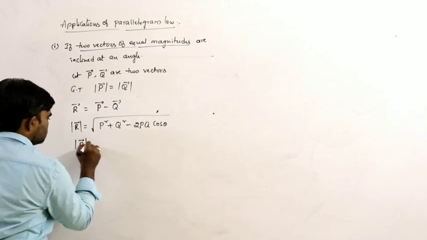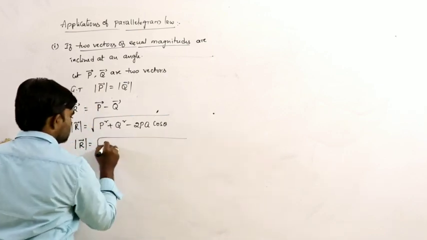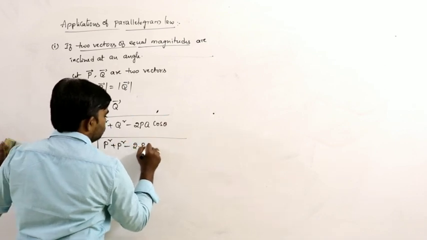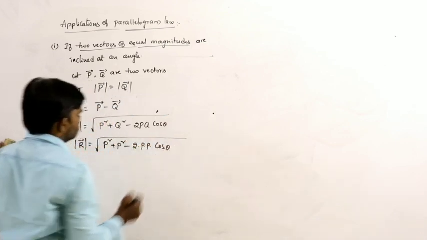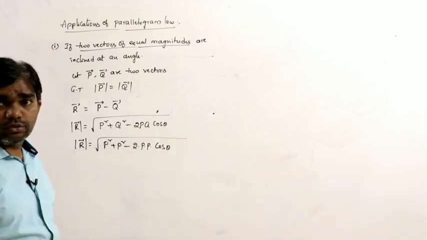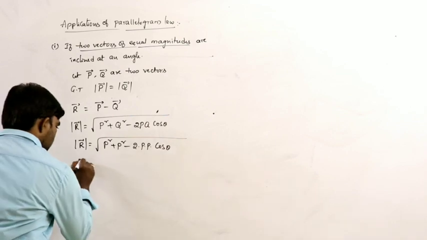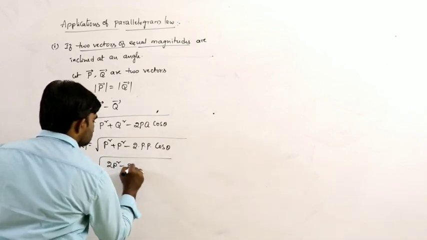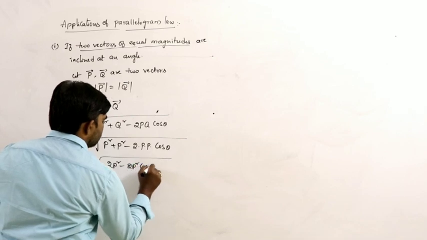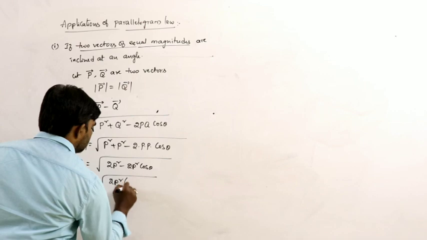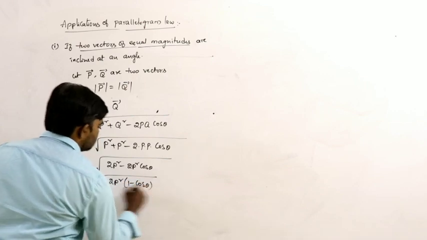The magnitude of r bar is equal to, substituting, p square plus p square minus 2 into p into p cos theta. Because the magnitude of p is equal to the magnitude of q, r is equal to the square root of 2p square minus 2p square cos theta, so r is equal to under root of 2p square into 1 minus cos theta.